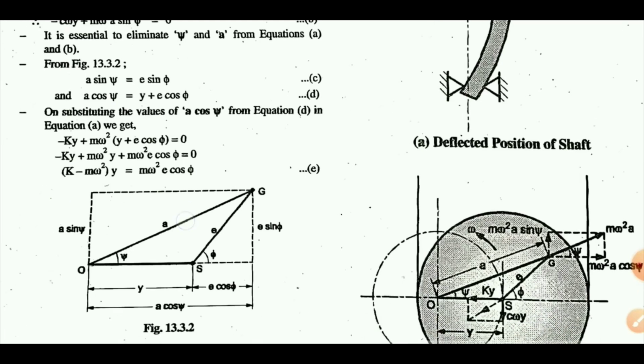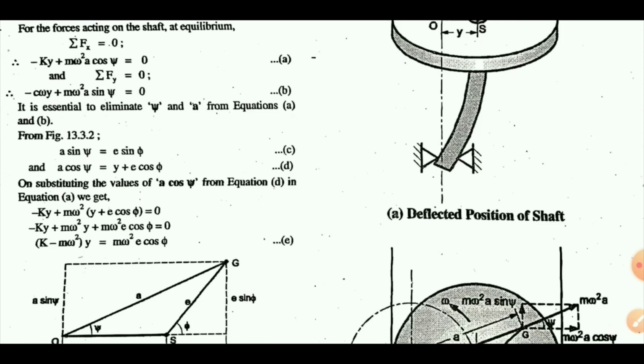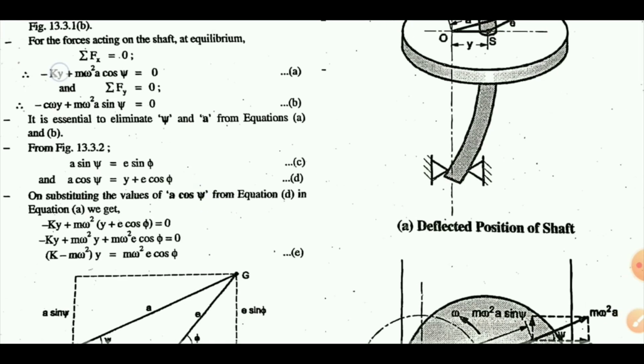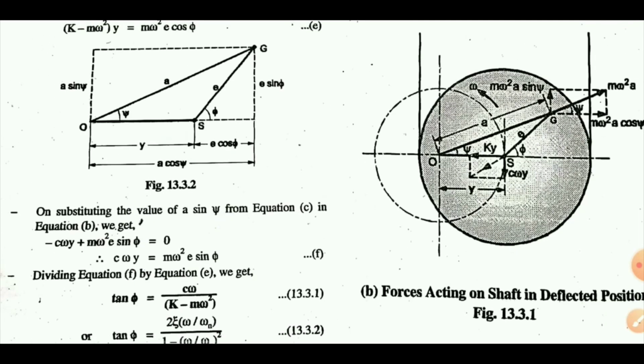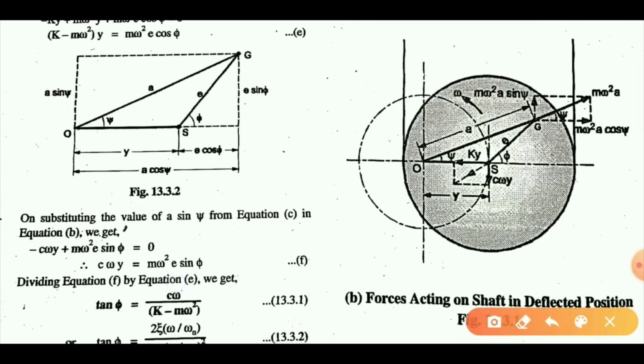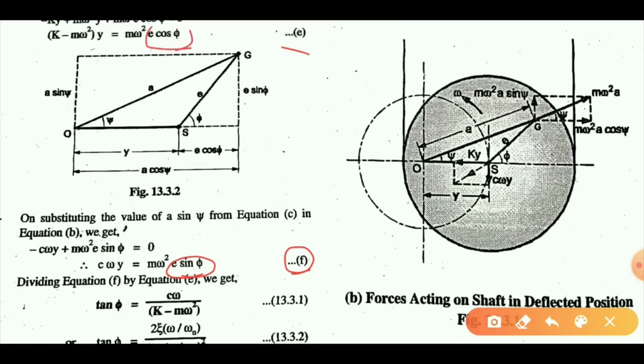Here, first we put the value of a cos phi in this equation, and in the second equation we put the value of a sin phi, and we will get equations F and E. Taking the ratio of both equations, we get sin phi upon cos phi, which is equal to tan phi.